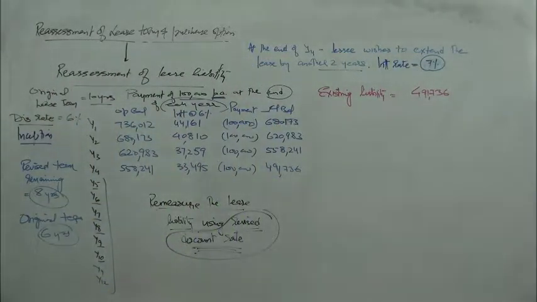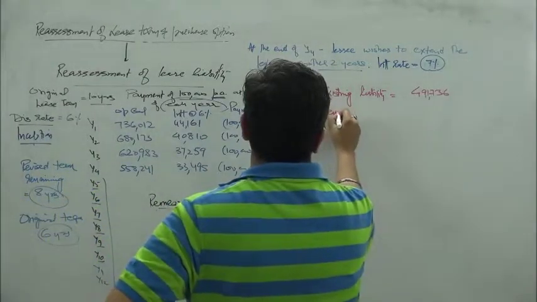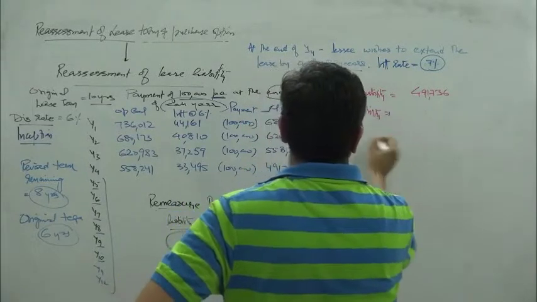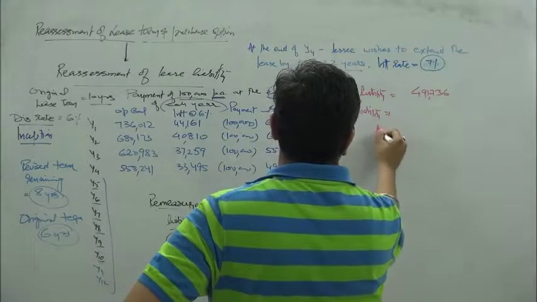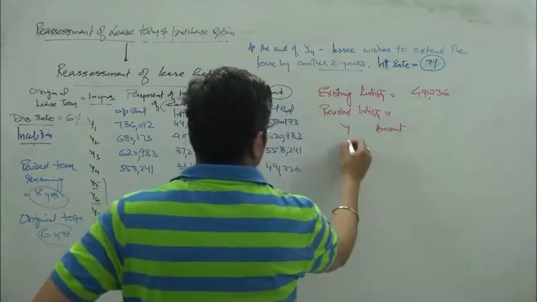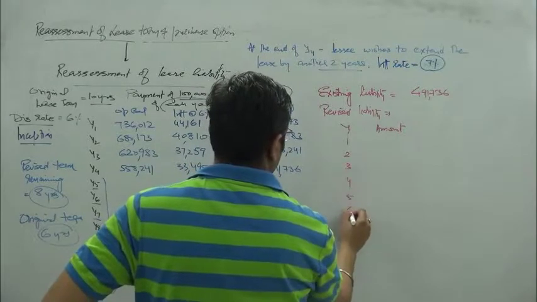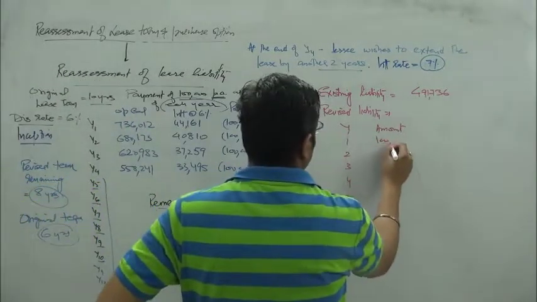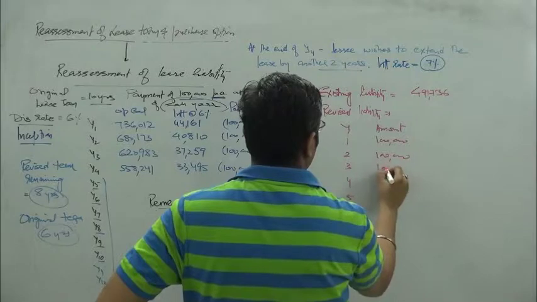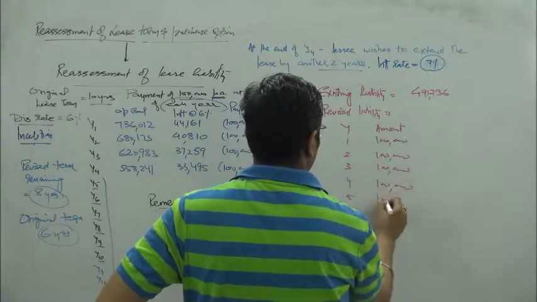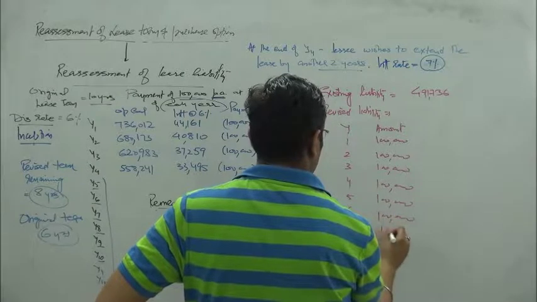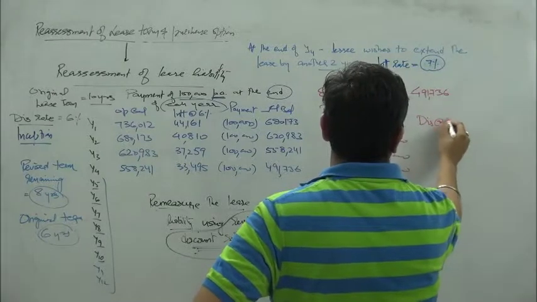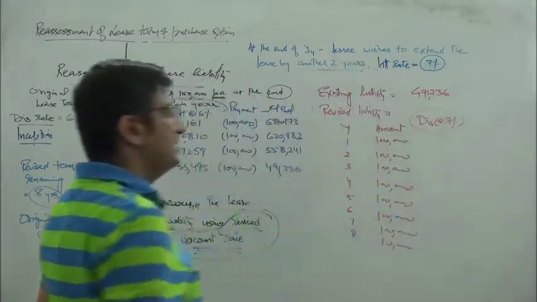Okay, and then what I need to consider is my revised liability shall be taken at, so I have 8 years left, 1, 2, 3, 4, 5, 6, 7, 8. I'm paying again 100,000 per annum.